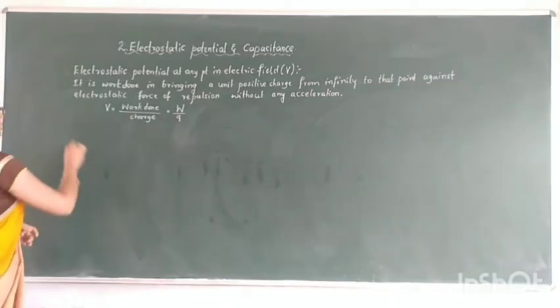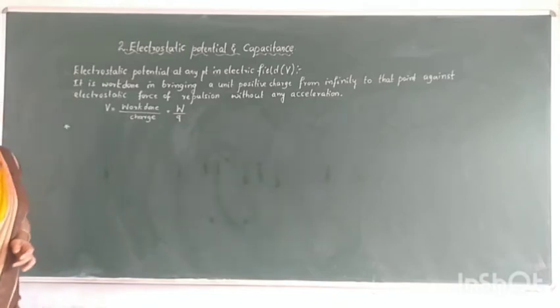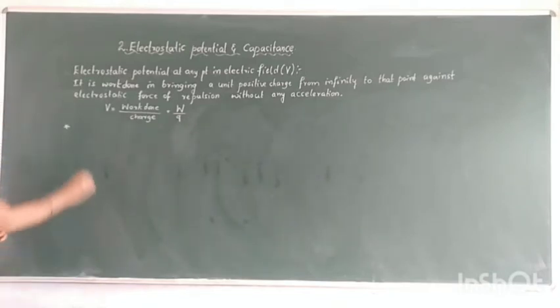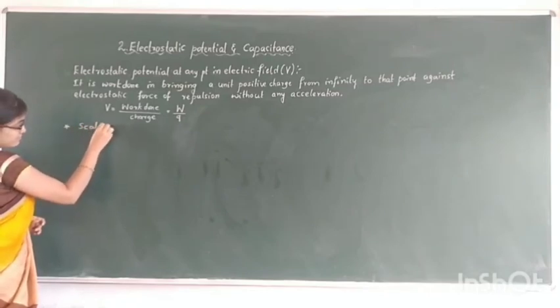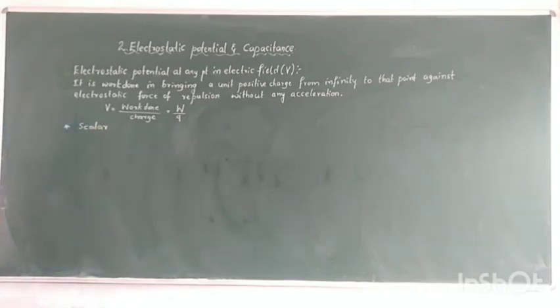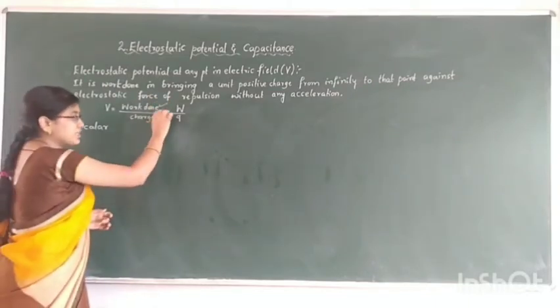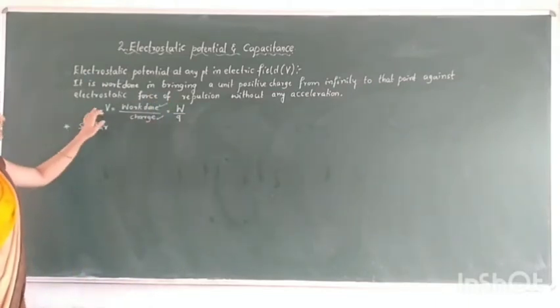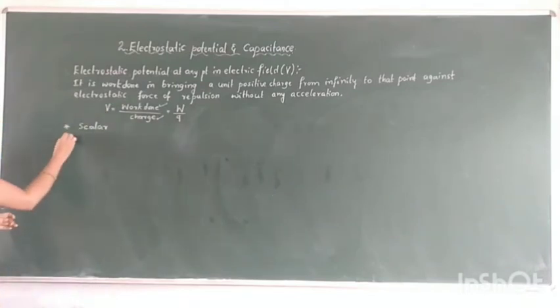Now let us discuss some points regarding this electrostatic potential. First one, it is a scalar quantity, because we know the work done is scalar and electric charge is also scalar, hence electrostatic potential is a scalar quantity.